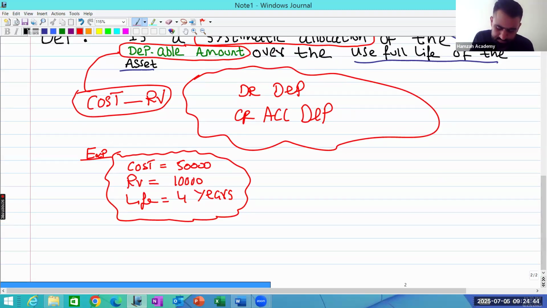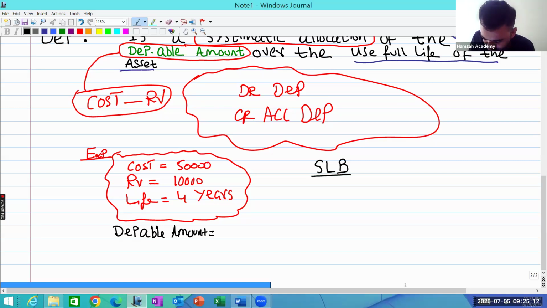Now, if I'm talking about the straight line based depreciation, the depreciable amount is $40,000.